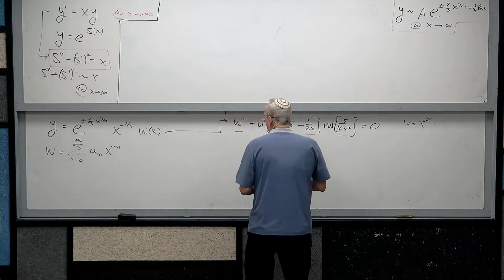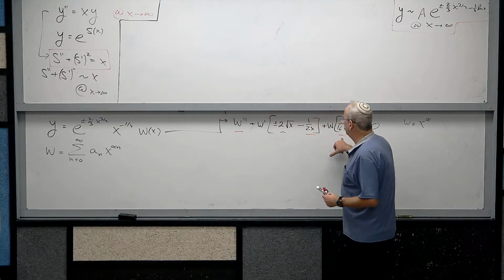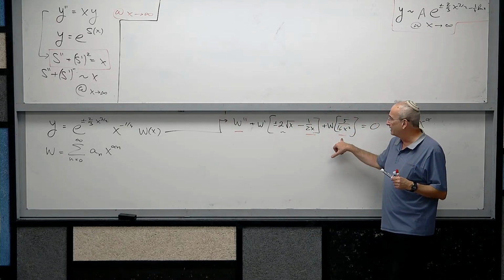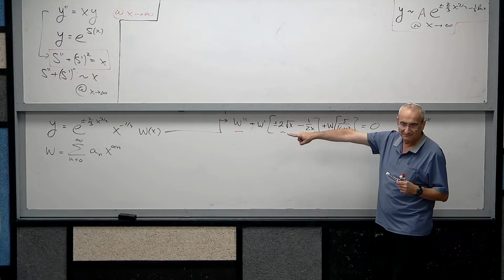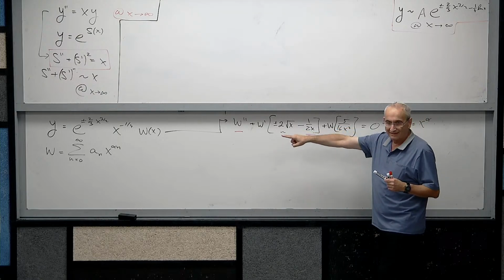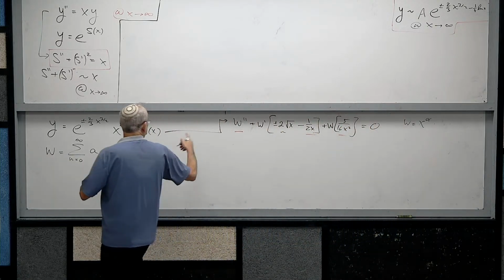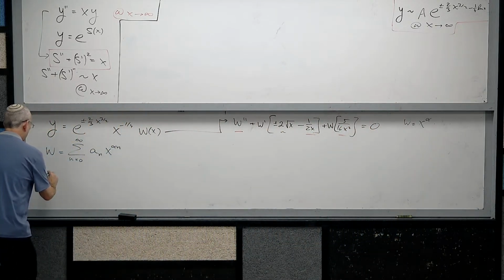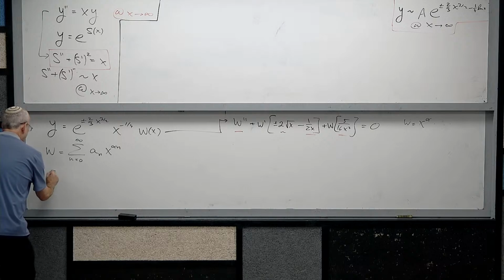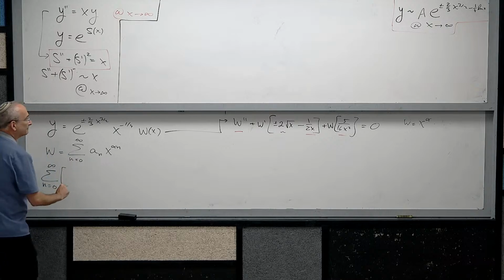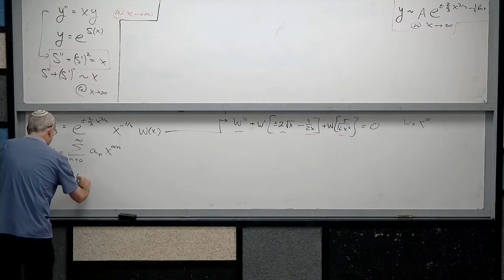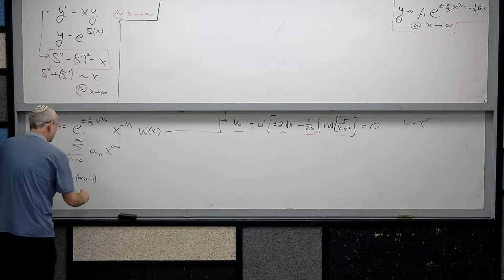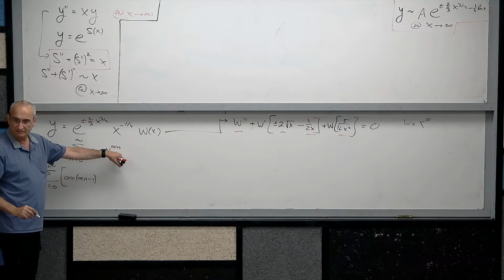Now, again, the three red terms are all of them going to give x to the alpha n minus 2. You see? So I can write this equation in the following form. Sum from n equals 0 to infinity of alpha n minus 1 times x to the alpha n minus 2 times a n.